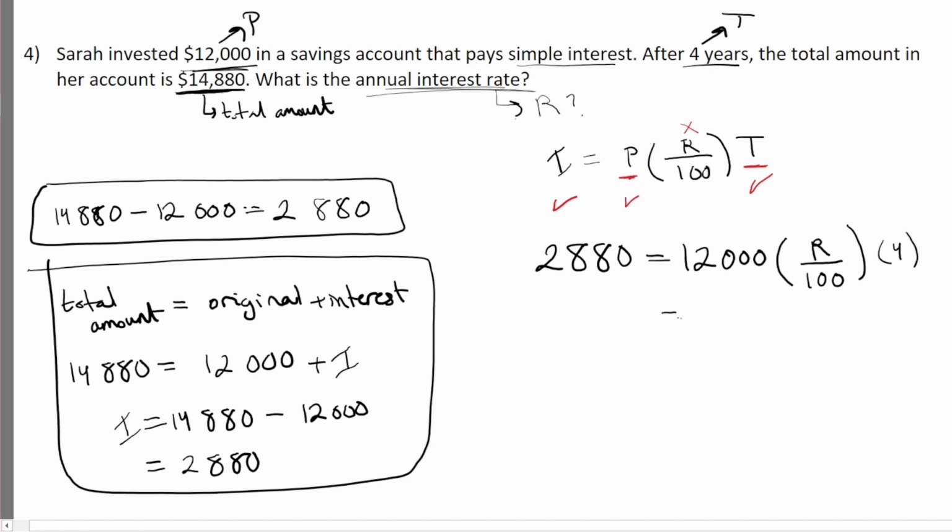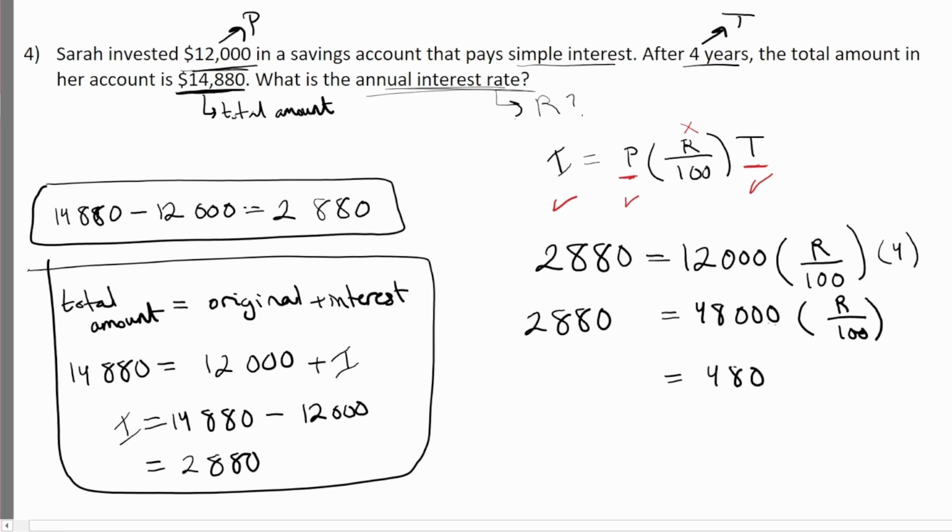Now, how would we solve this? Well, I'm going to first multiply 4 by 12,000, and this will give us 48,000. And we can see a possibility here. We can divide 48,000 by 100, which gives you 480.